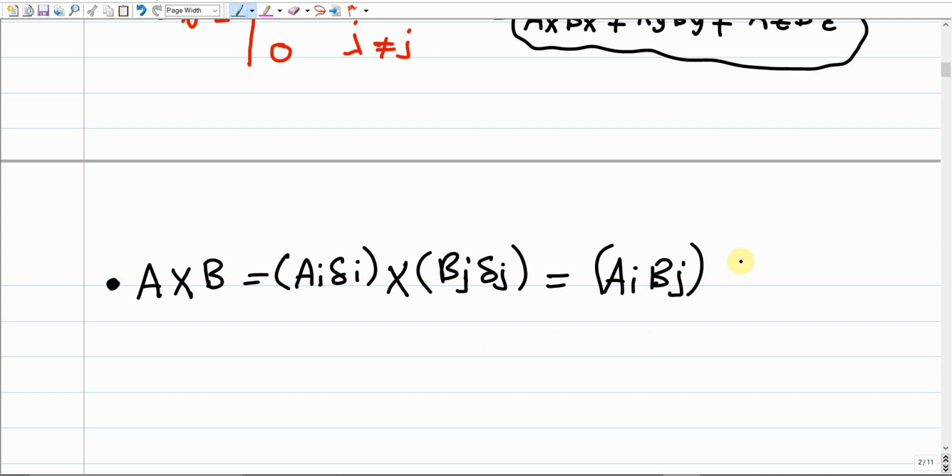But the operation should be done over the unit vectors, and the arrangement of this operation is a big deal. For example, delta_i cross delta_j is not equal to delta_j cross delta_i. Here we are working over vectors, but these are just numbers. So we don't care which one comes first, right? But here we have to care, right?